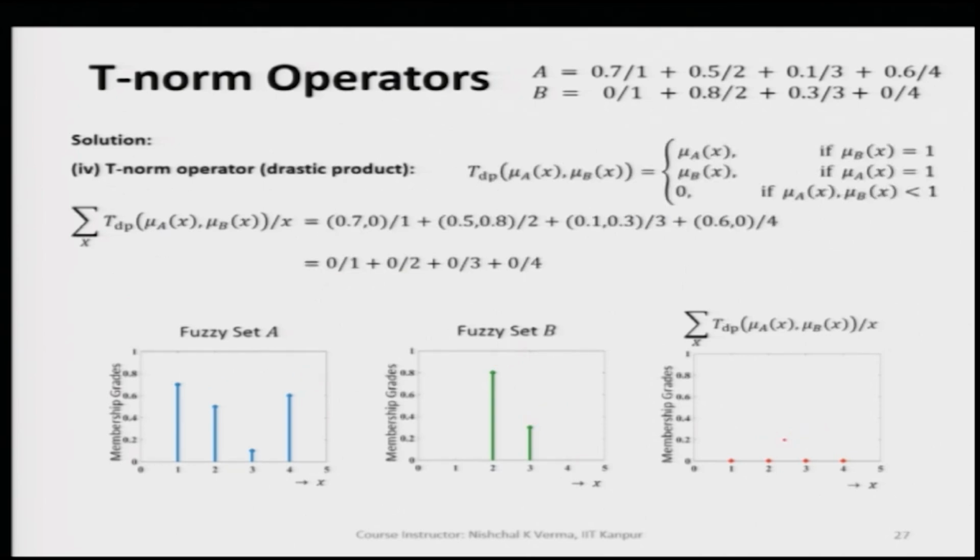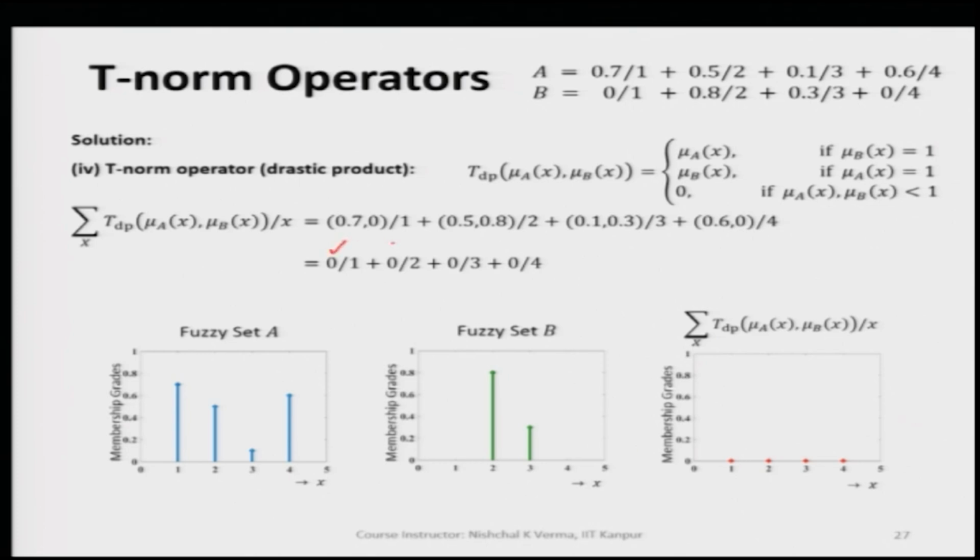Similarly, when we find the drastic product of the same discrete fuzzy sets A and B, we are getting a null fuzzy set. It means for the same fuzzy sets, we are not going to get any output.